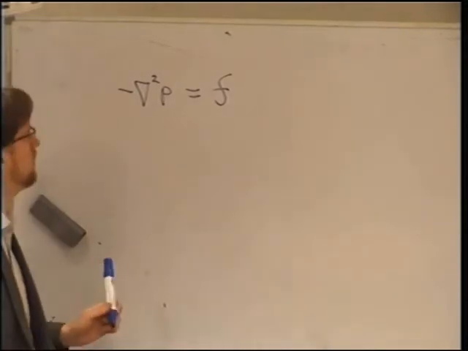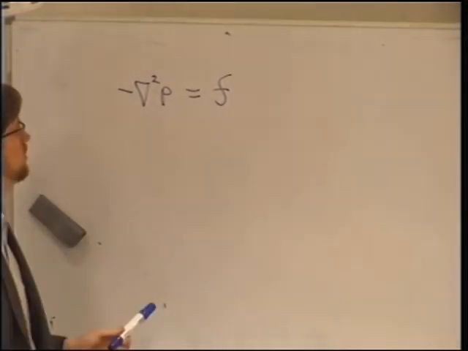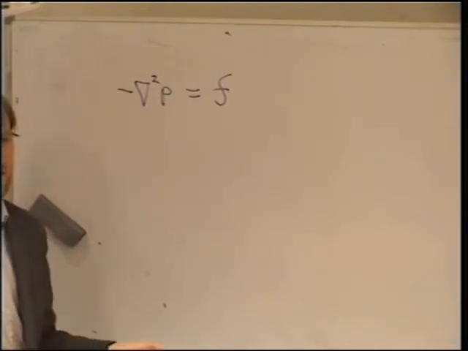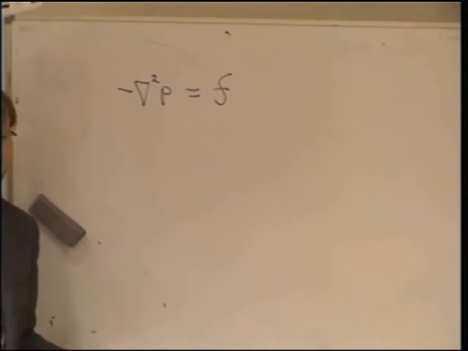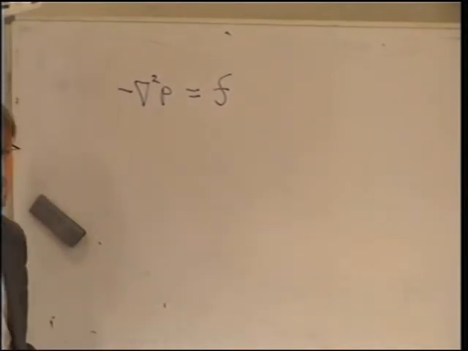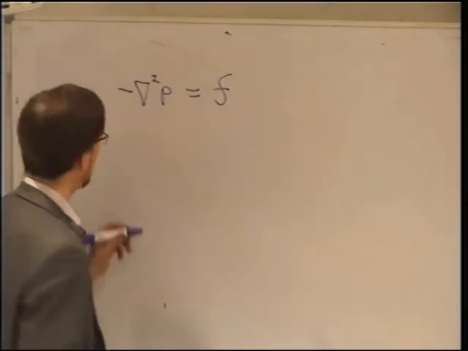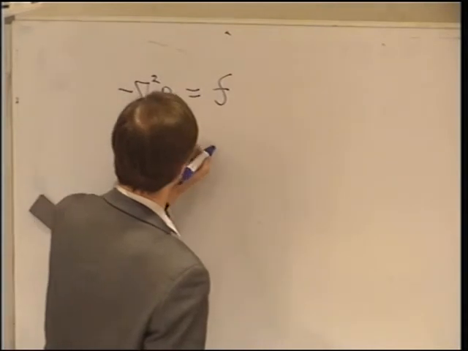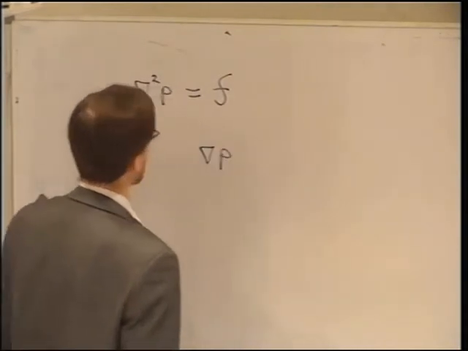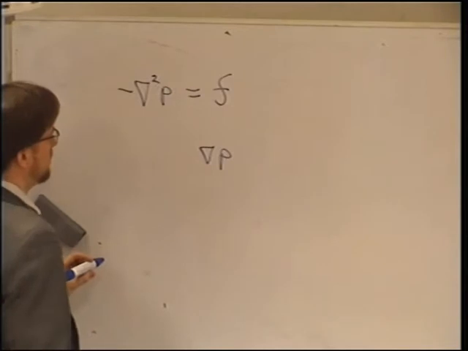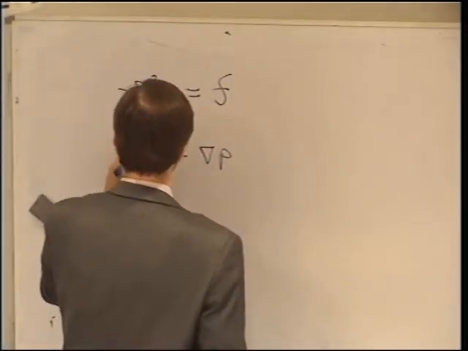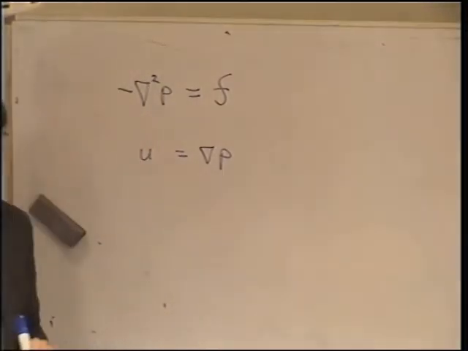So in order to turn this into a system of first order equations, we use the trick that you learned in your undergraduate ODEs class, which is we just make a variable substitution. We say that the gradient of p is going to be equal to a function u.